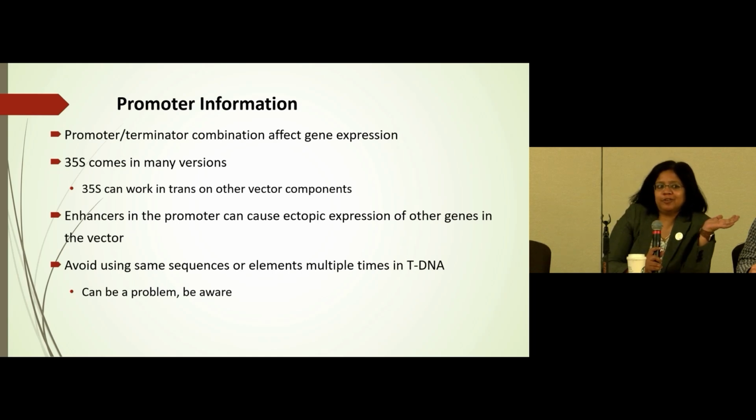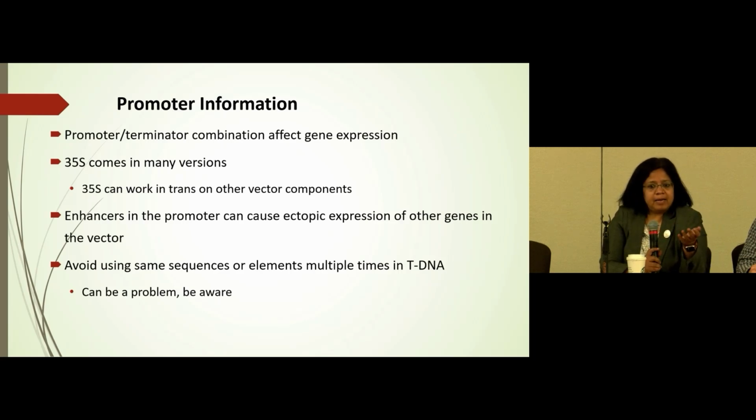So if someone published high expression, it is not always high expression. And then I am analyzing my event and it's 35S and I say, oh my gosh, what did he give me? Or it is not working. In academia, many times we don't care so much about the junction where it got inserted. In industry, it's very much a benchmark to figure out where the insertion happened, but those things also matter.